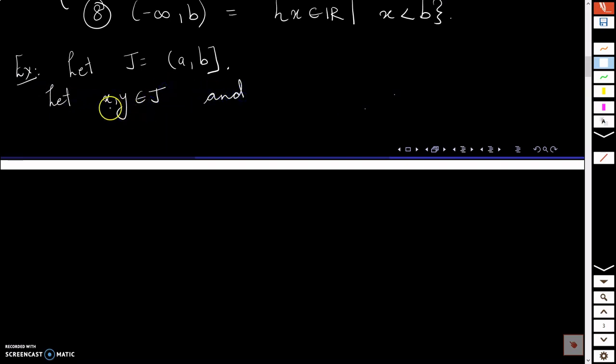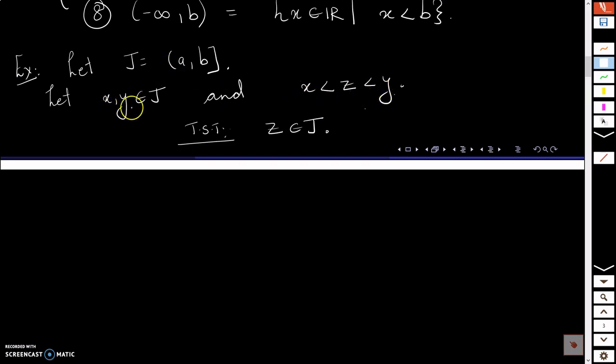and supposing a number z lies between x and y. Okay, and z lies between x and y, we will show that z also lies in J. So J is this interval, and I've taken 2 points x, y in J, and z is a point which lies between x and y.